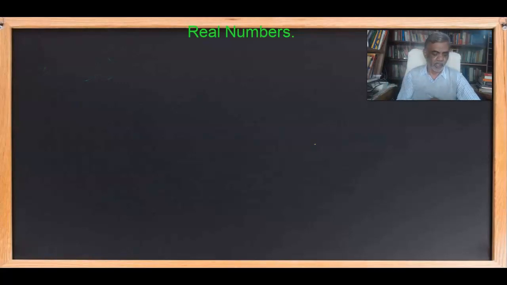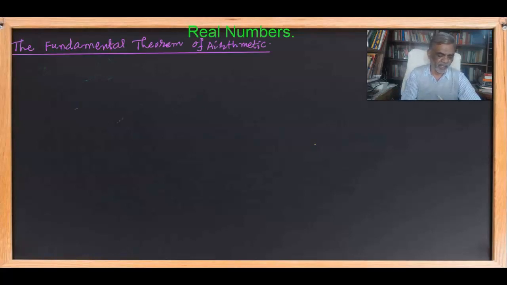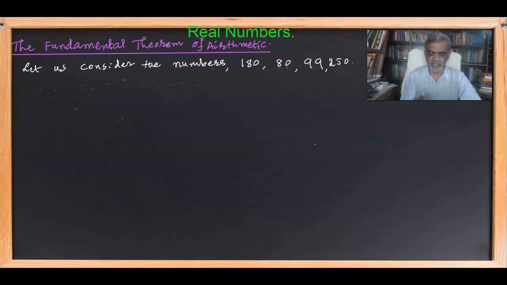Now we'll go to the fundamental theorem of arithmetic, and before that I would like to give some examples which lead to the statement of the theorem. Let us consider the numbers 180, 80, 99 and 250.